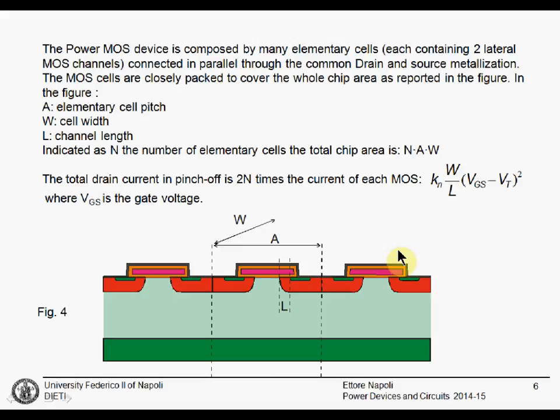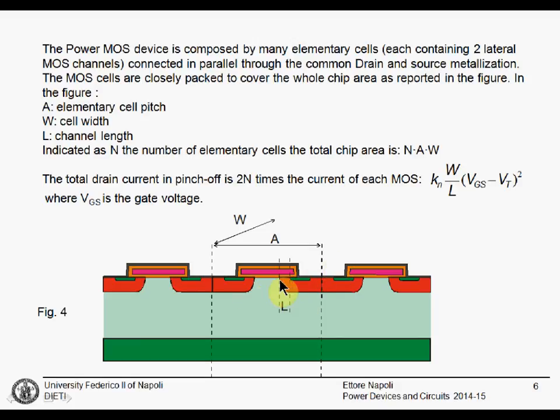In this structure, however, we can observe some important dimensions. A, that is probably the most important, is the elementary cell pitch, the width of the single elementary cell that actually contains two MOSFETs.